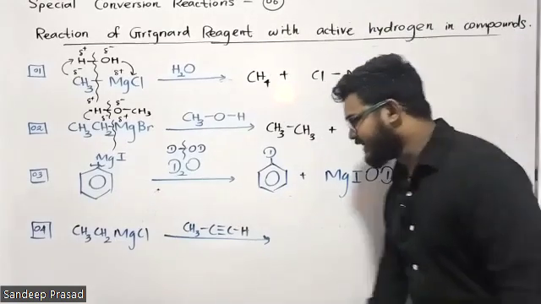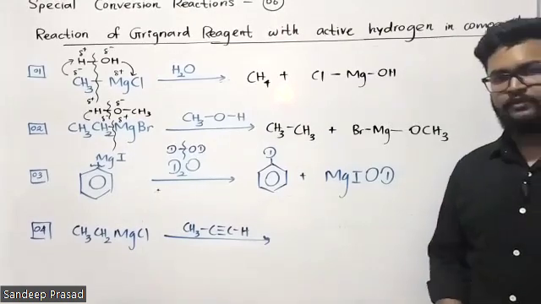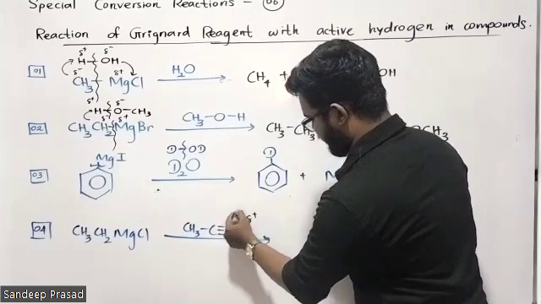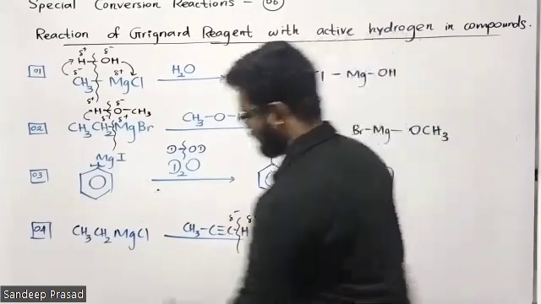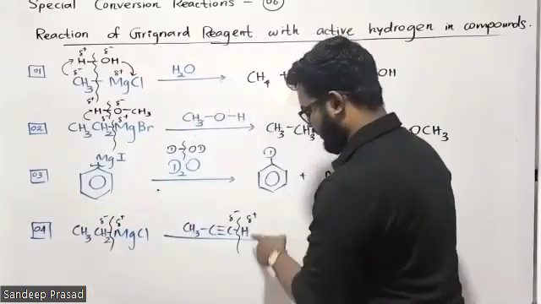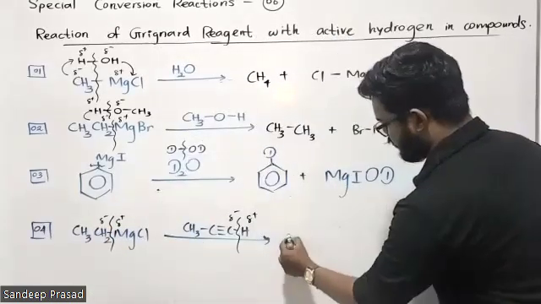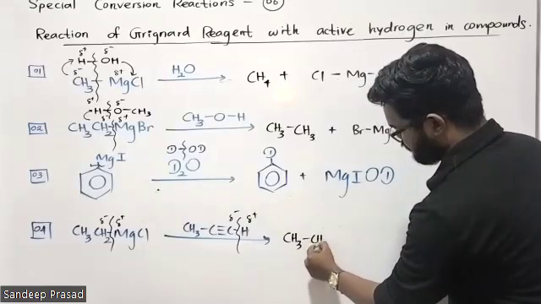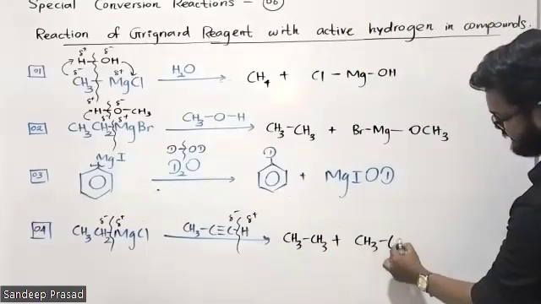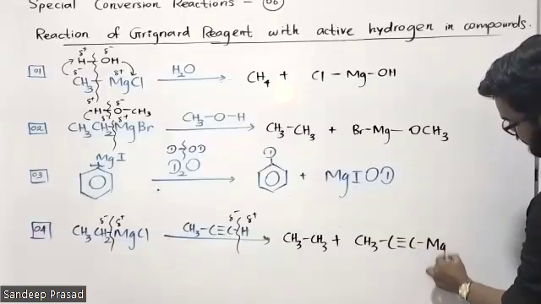Now you know what the active hydrogen is. So this is the active hydrogen, delta plus, delta minus. Bond will break from here. MgCl, delta plus, delta minus. Bond will break from here. Then hydrogen is connecting to this one. Then it is producing CH3, then CH3, C triple bond C, MgCl.